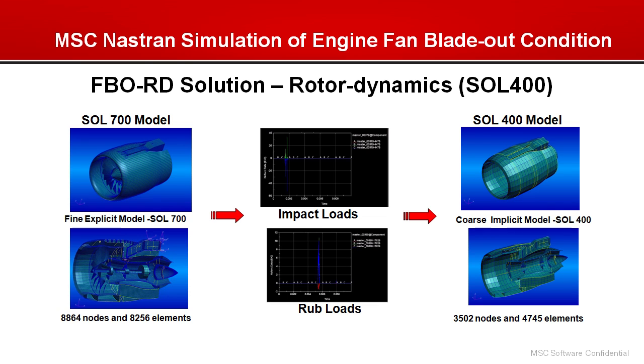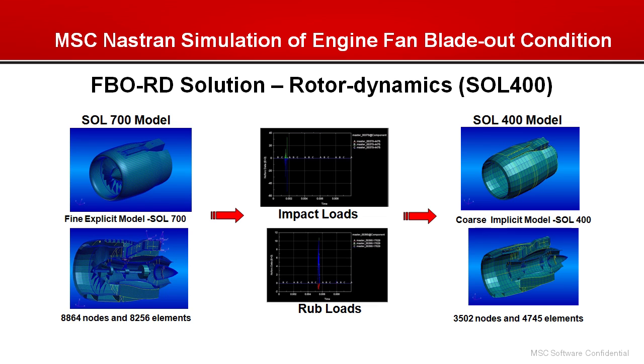Next, in solution 400, we use a different, much coarser mesh of the same engine. This mimics what actually happens in the industry. We take those loads, and the first thing that SOL400 does is read all those loads that are in the database and map them automatically on the coarse mesh.